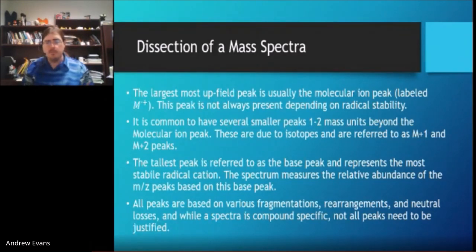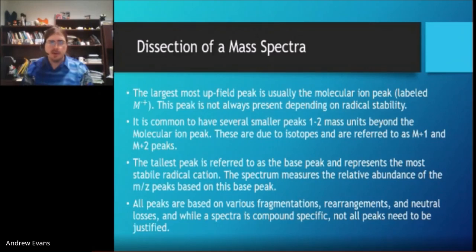Also, in particularly heavy carbon compounds, ones with many carbons, you could use the isotopic abundance to determine about how many carbons you have. So either way, one of the key peaks to find is your mass peak.